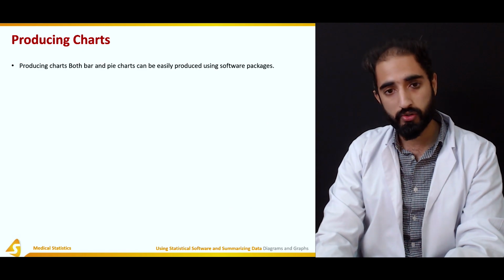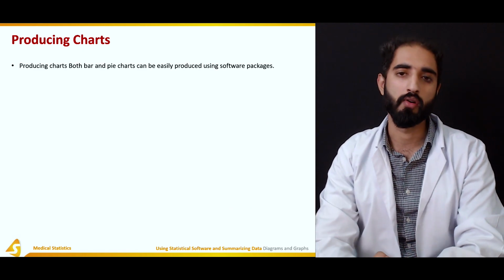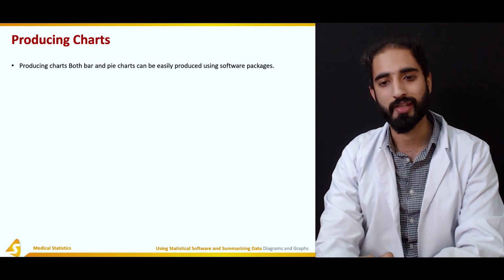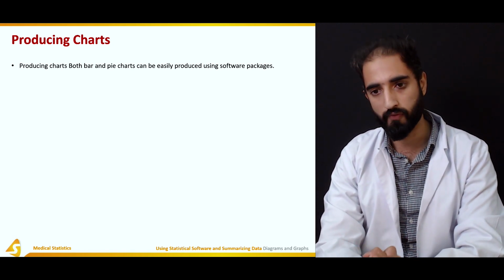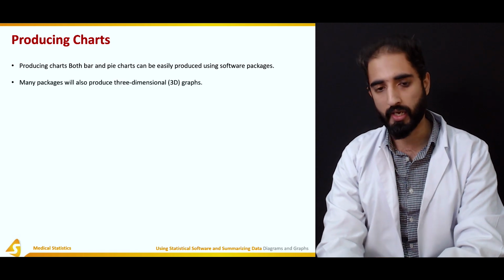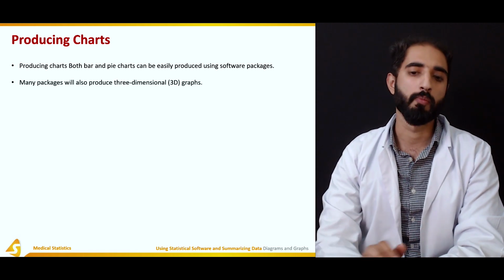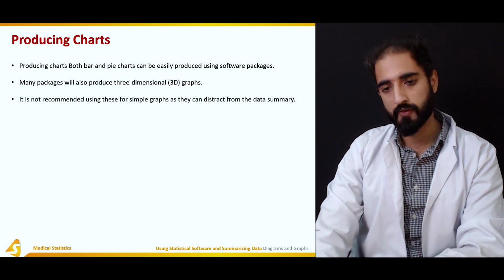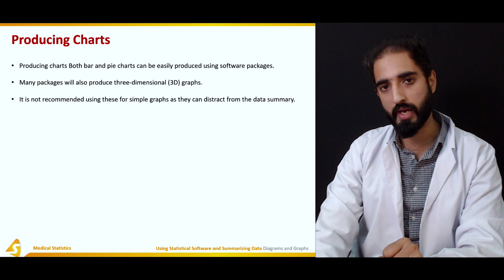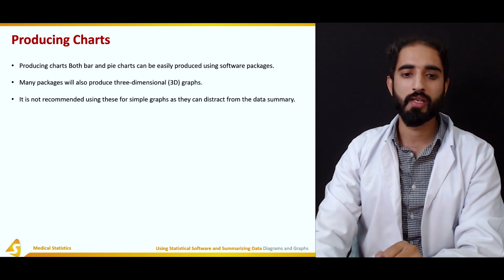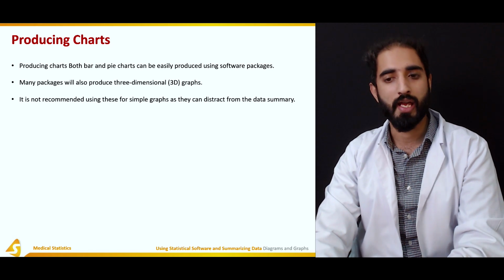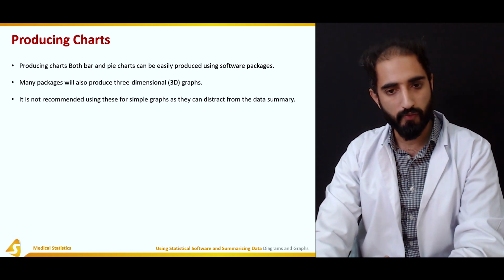Now, how can we produce charts? As we already talked about different statistical packages, both bar charts and pie charts can be easily produced using those statistical packages. And many packages will produce 3-dimensional graphs as well. But be careful whenever you are making 3-dimensional graphs, because there are some drawbacks associated with them. They are usually not recommended, because using these for simple graphs can distract from the data summary, first of all.